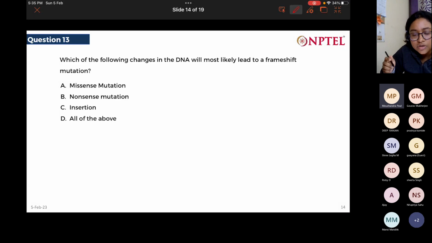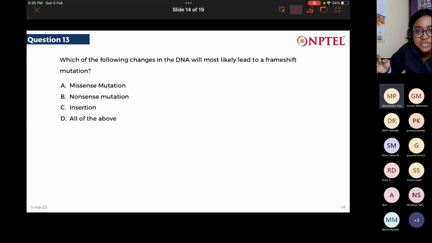Yes. So all three of you have given partial answers to the correct thing. What happens is, due to addition of one or multiple bases or deletion of one or multiple bases, how the protein synthesis machinery will read the mRNA, or how the RNA making machinery will read the DNA, is going to be changed.